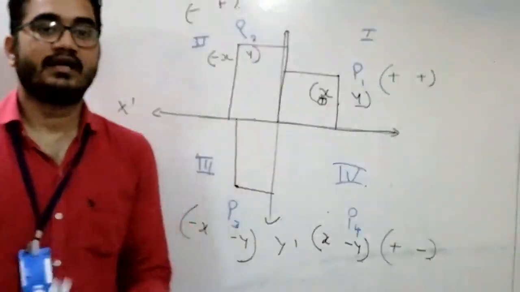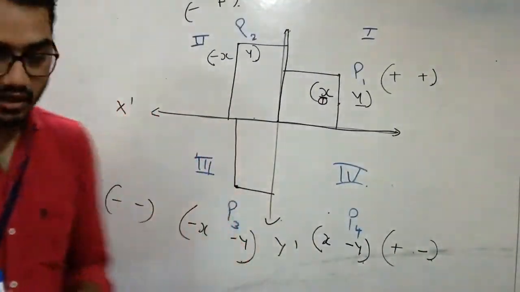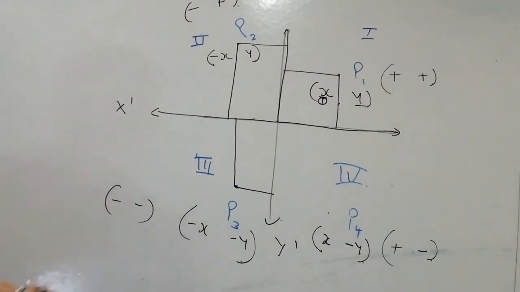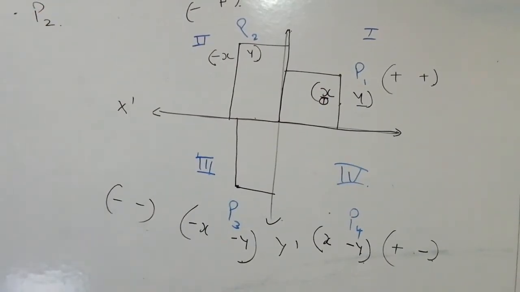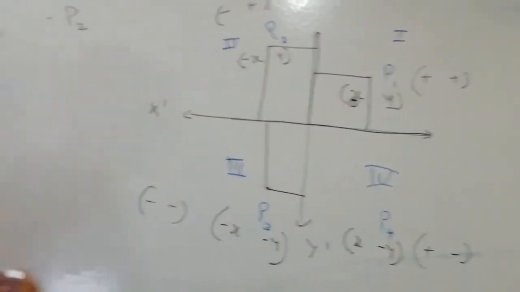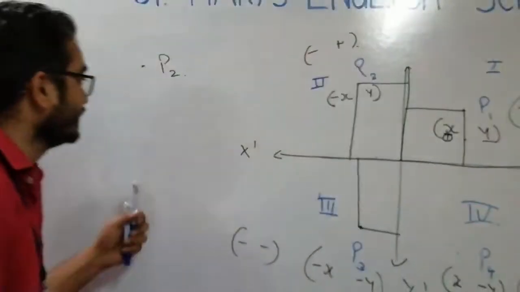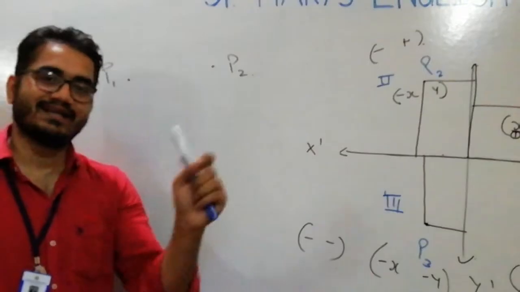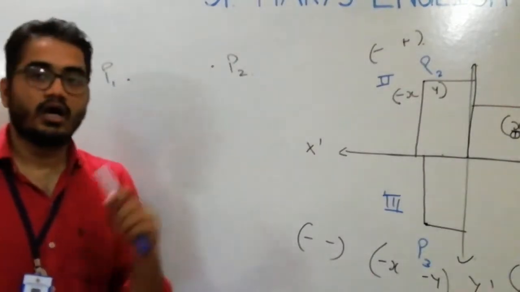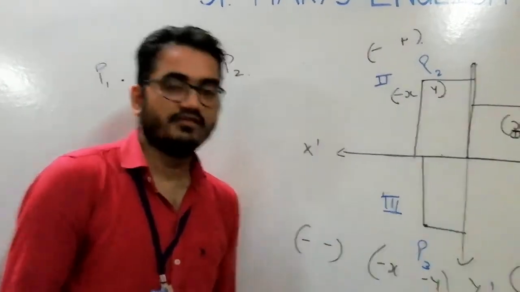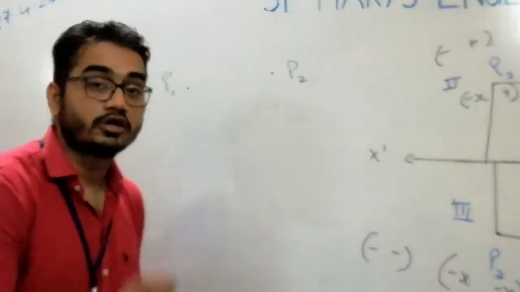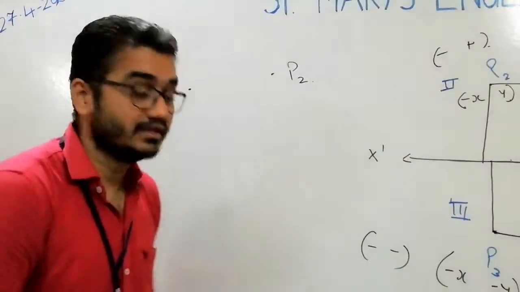What we are going to learn, as you all know, is that if I take 2 points, point 1 and point 2, there is one fact about these 2 points: you can draw a straight line between any 2 points. If you have only 2 points, you can draw a straight line between them.